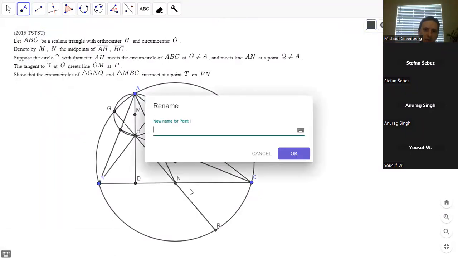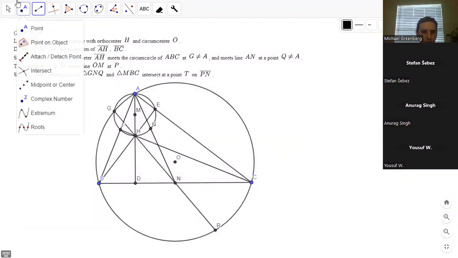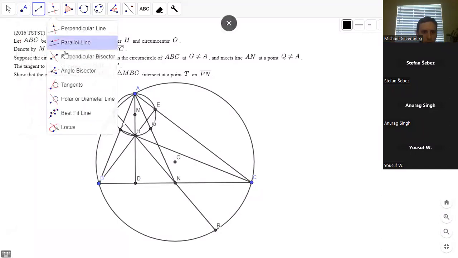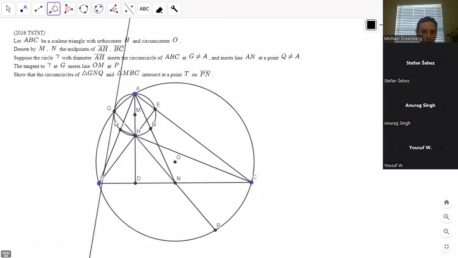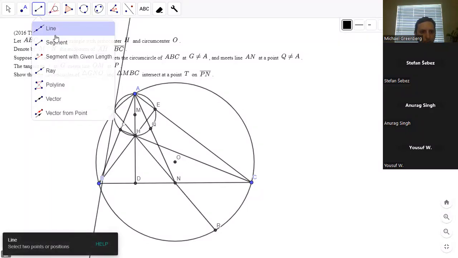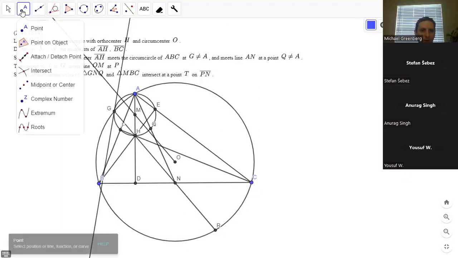Obviously, AQH is 90. And then we draw the tangent at G. So NF and NE are tangent to the circle. We know that. That's well known. This meets OM at P. So OM is going to be the perpendicular bisector of AG.